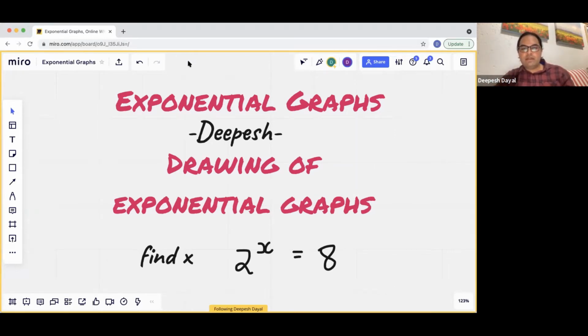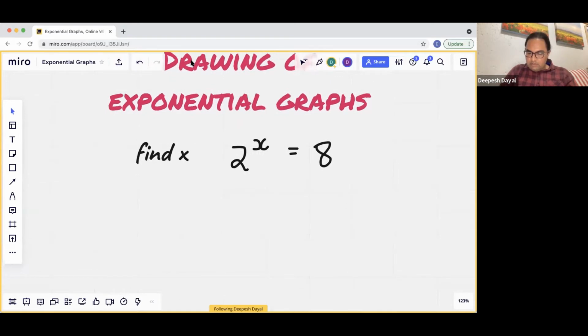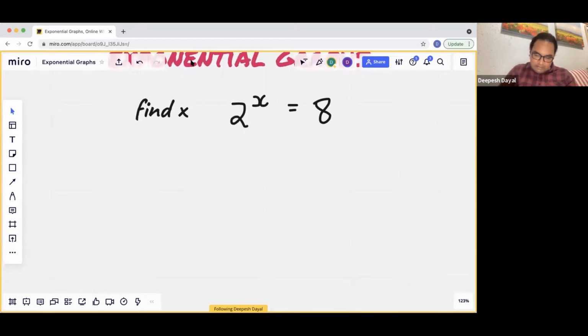So let's have a look. I am going to solve this. So we've got 2 to the X equals 8. And we've got here 2 to the X equals 2 to the 3.